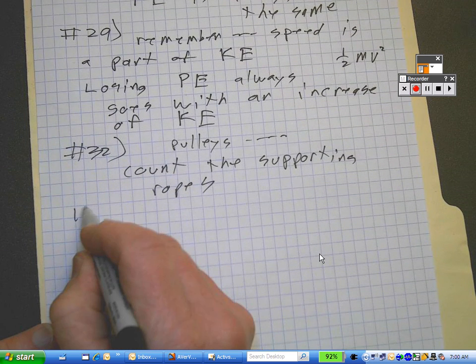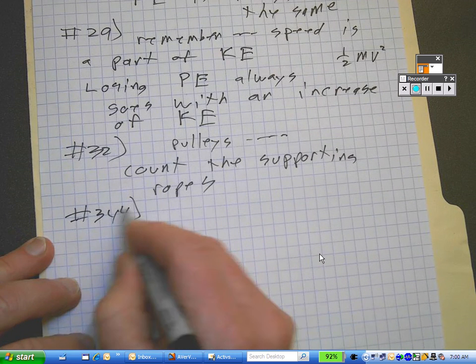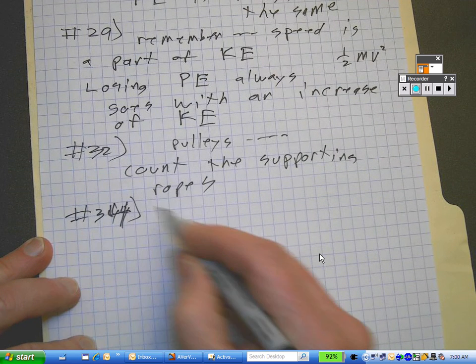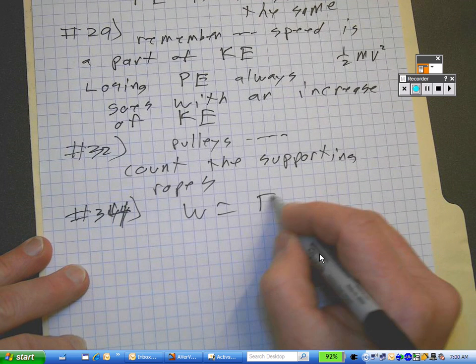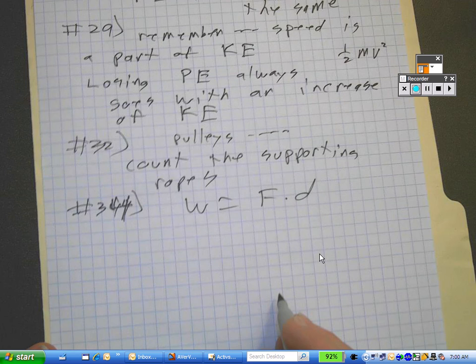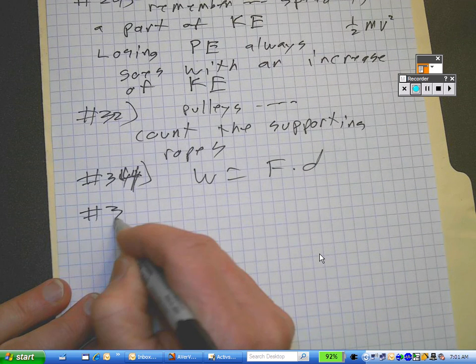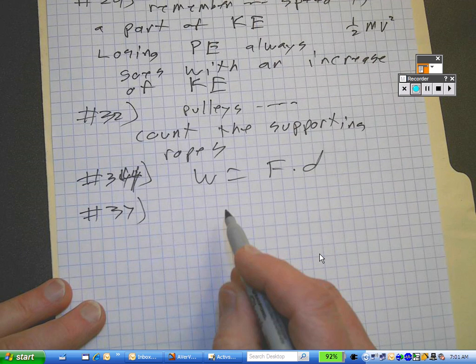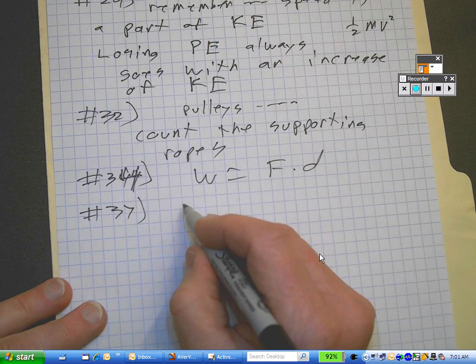A quick glance at number 34. Number 34, work equals force times distance. Should help you on number 34. Pretty simple. Number 37. Now, there is a section of the energy chapter that is about power.